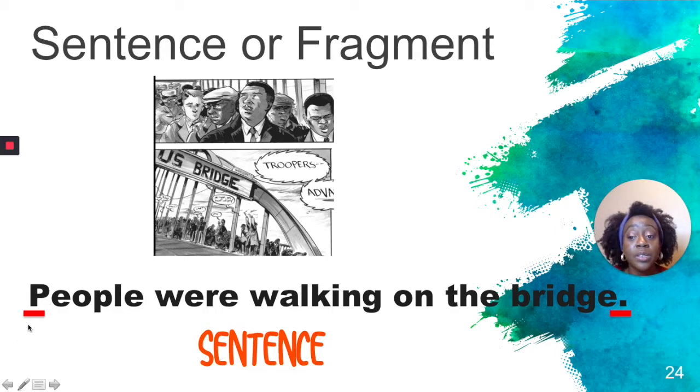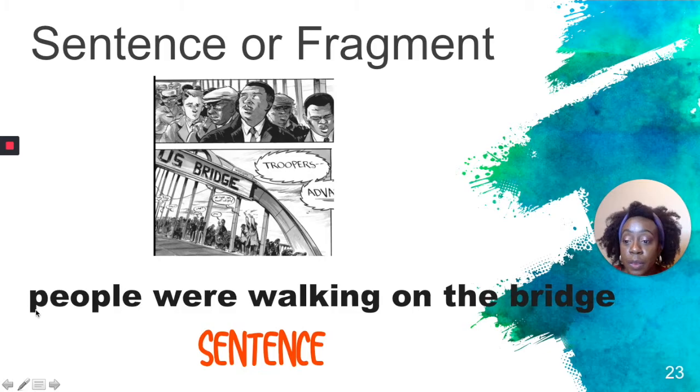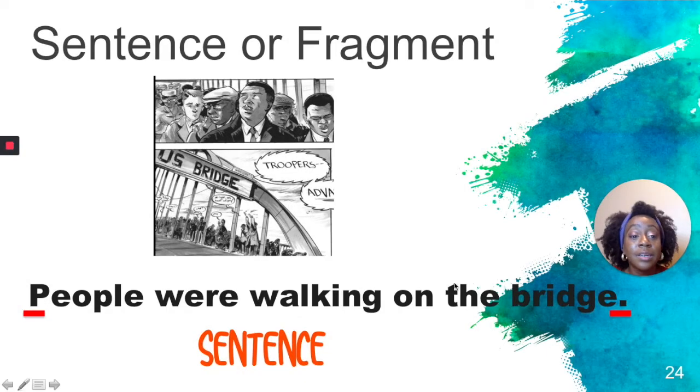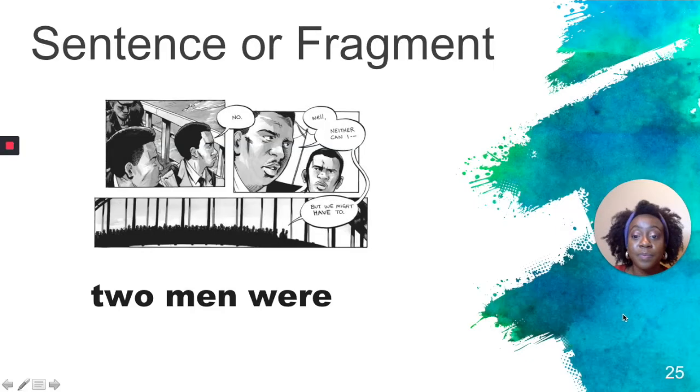Also, pay particular attention to what I did with the sentence. If you notice, there was no capitalization and there was no punctuation. Since it's a complete sentence, I need to capitalize the first letter of the first word and put a punctuation mark at the end of the sentence.